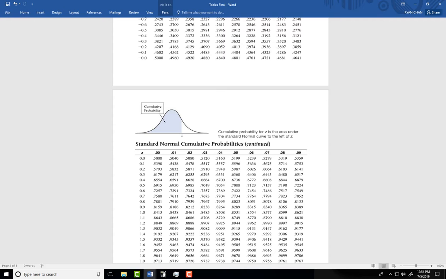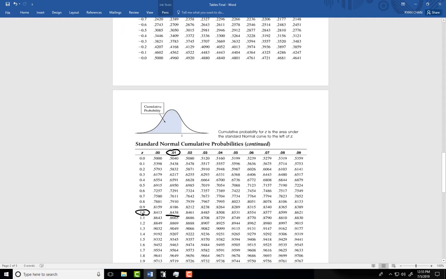So 1.01, I know it's here, and I get this table right here. This is not correct. This is to the left.